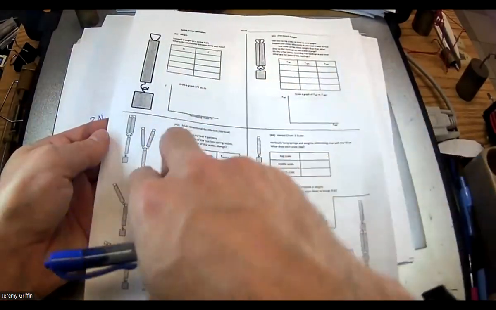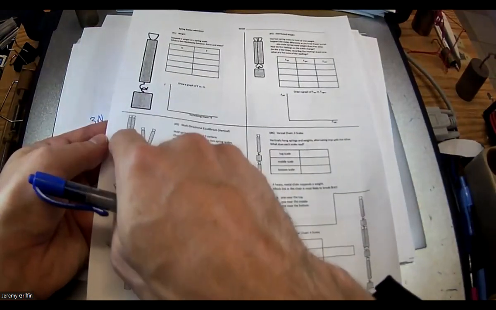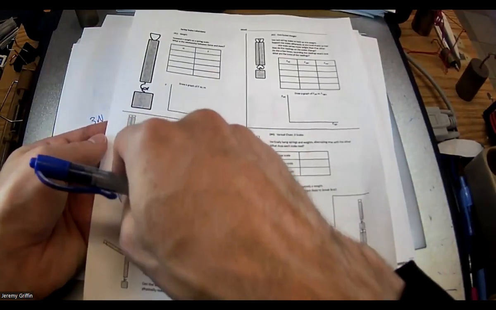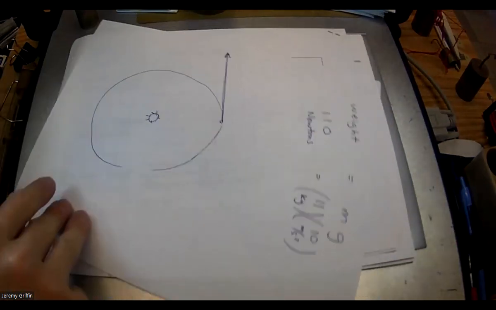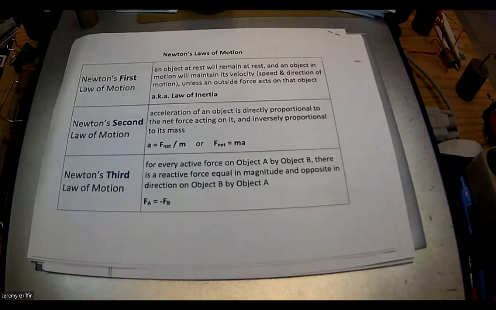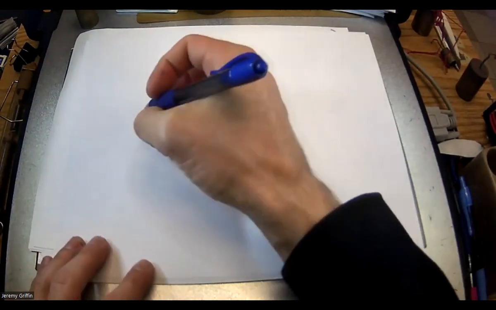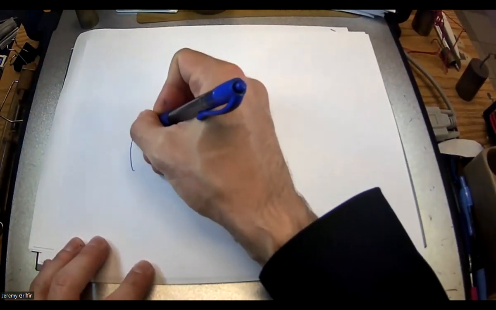So if you start out with them just straight vertical like this, you remember each top spring scale read 2. So each of them holds half the total weight. So if you start from that point of view, suppose you got a tire. I'll just replace that weight with a tire.